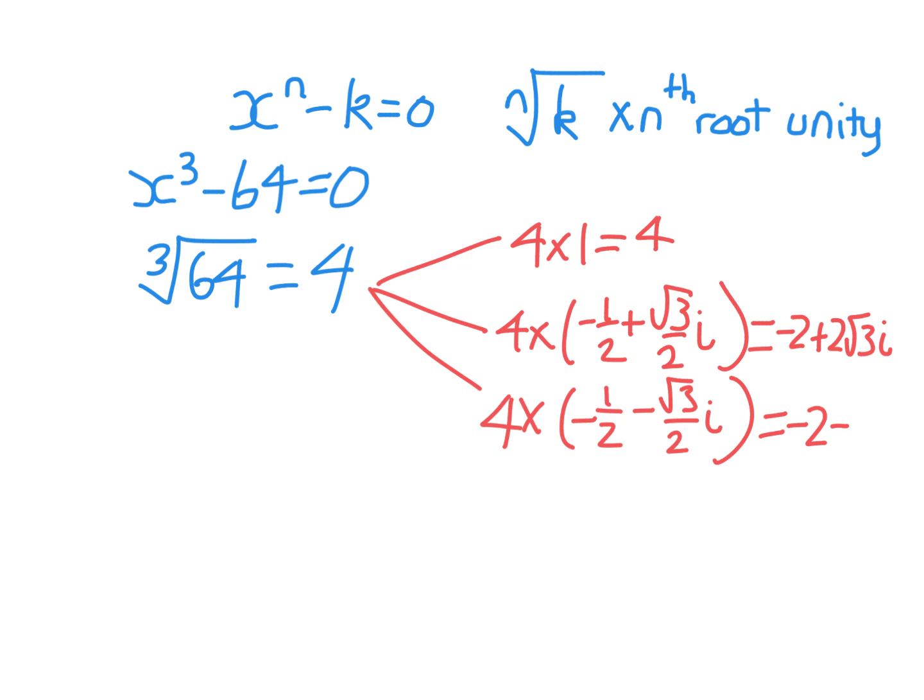It will be negative 2 minus 2 root 3 i. If you raise any of these three numbers to the power of 3, you will get 64. So now we've solved this equation and we know we've come up with all solutions because the fundamental theorem of algebra tells us if it's a polynomial of degree 3, it has exactly 3 roots. There are no more to find.